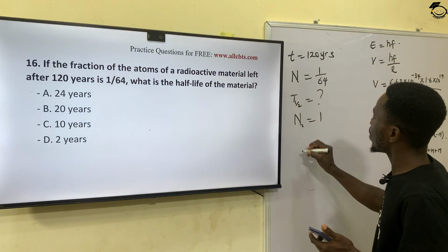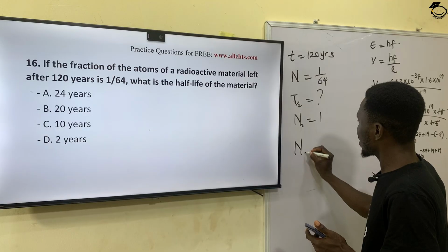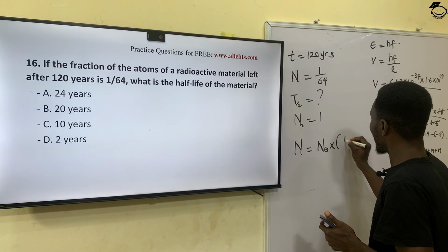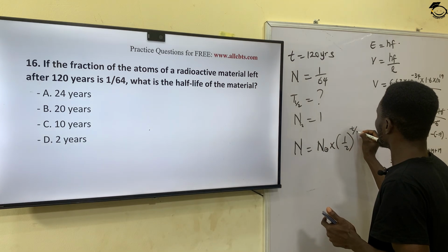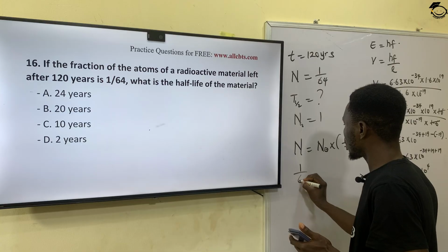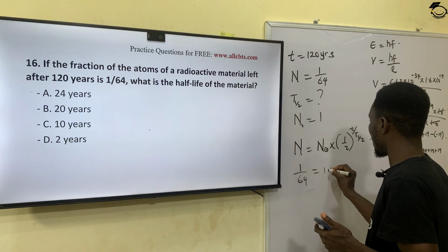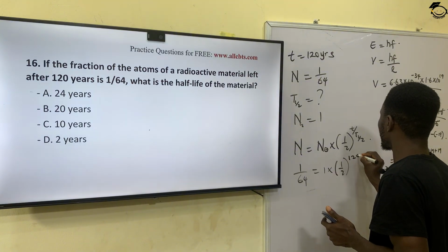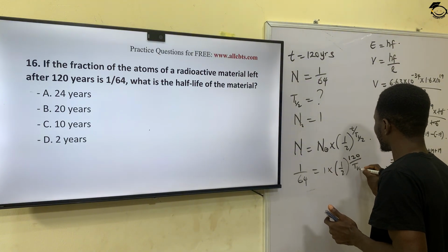So N naught is 1. So this means that we know that our N is equal to N naught times 1 over 2 raised to power t over t half. So I have 1 over 64 is equal to 1 times 1 over 2 raised to power 120 over t half.